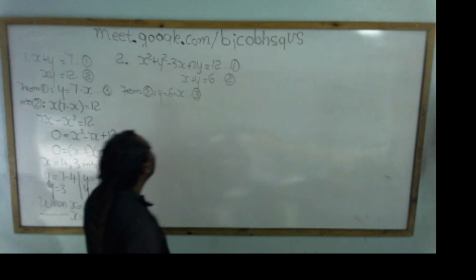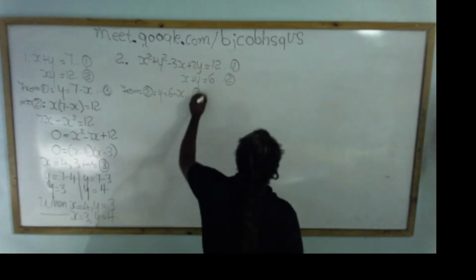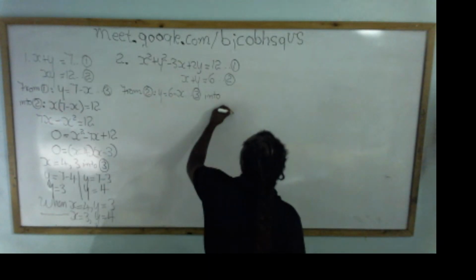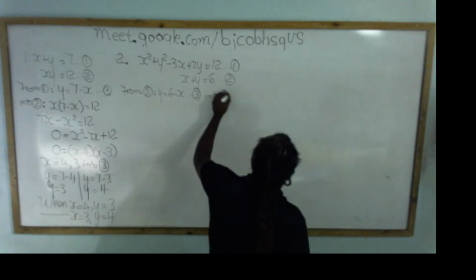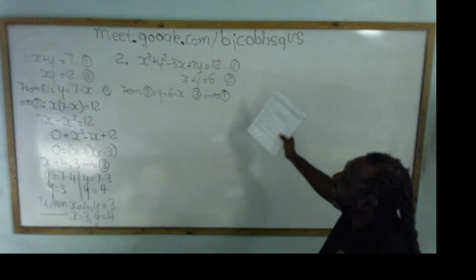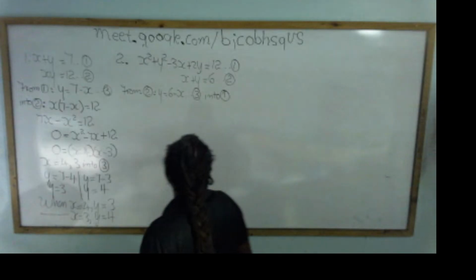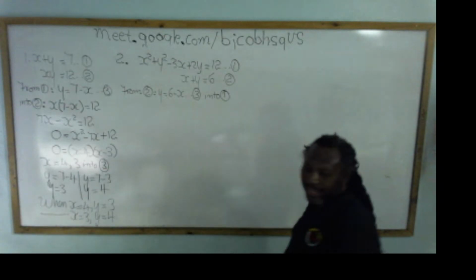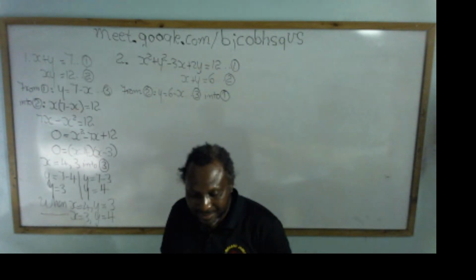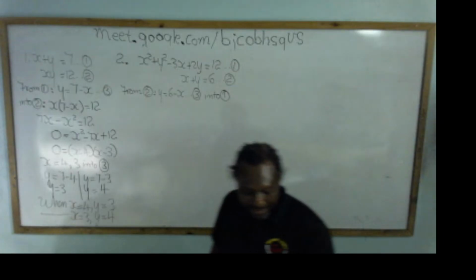So y is equal to 6, we subtract the x. Then we put it into equation 1. Notice what I've done here, students: usually I put it down here, into whatever the next equation is, but I put it here because I imagine the problem is going to be extremely wide on the board. That's why I put it there.